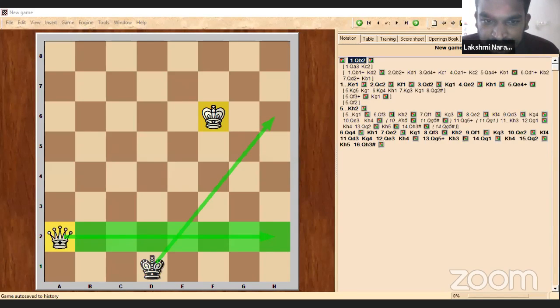The rooks, in Hindi we call it hathi, are more important, capturing along straight lines left or right, and carry 5 points. Then we've got the bishop and the knights. Bishop and knight both carry 3 points, and then finally the pawn.